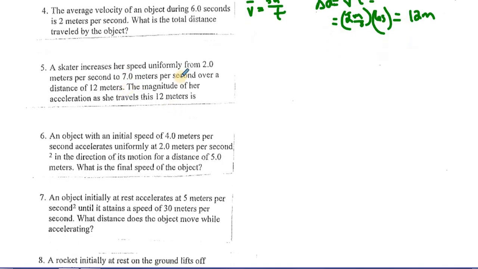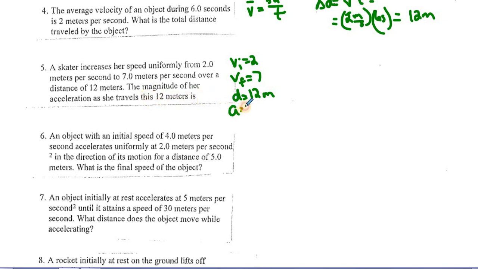All right, so here we get a little bit more into our kinematics, and for these problems from here on out, I'm going to write down all the givens. So we go uniformly from an initial velocity of 2 meters per second to a final velocity of 7 over a distance of 12 meters. Okay, so what we want to know is the magnitude of the acceleration.